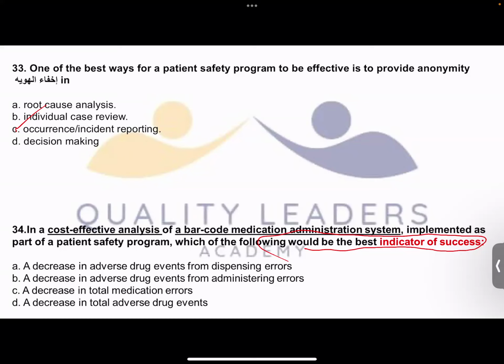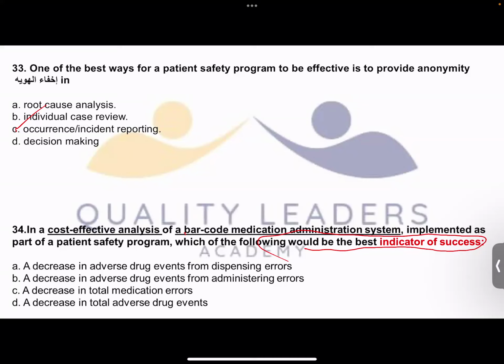Okay, because the words here are barcode medication administration system. So it is a system, Doc. It is not only pertaining to one like the dispensing error or administering error, but a system. When we talk about the system, it is to reduce all these medication errors, which includes the prescribing, dispensing, and administering.